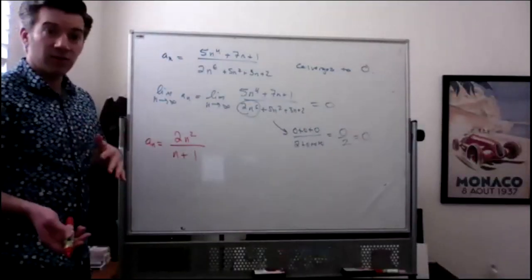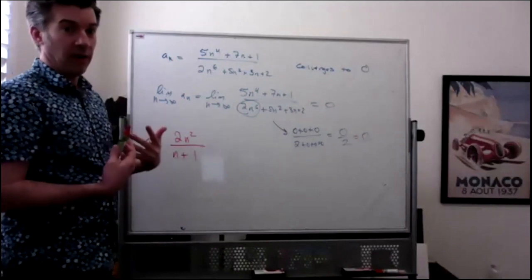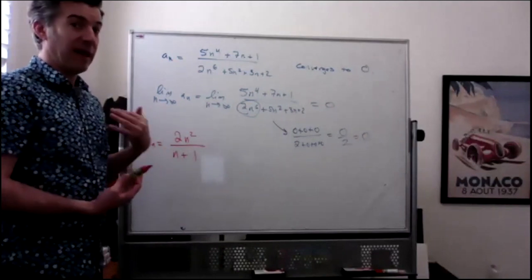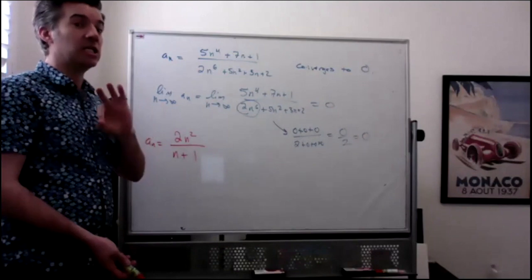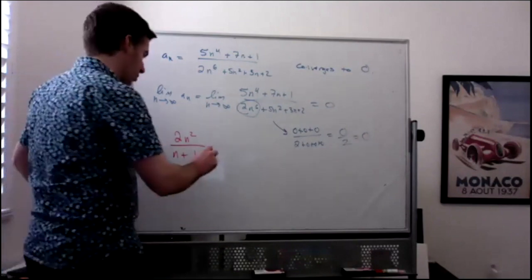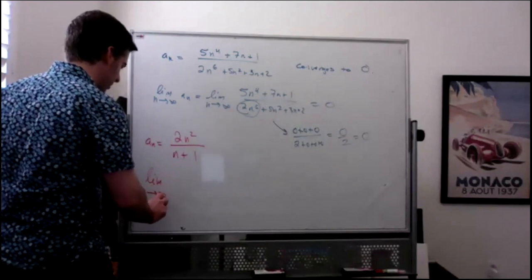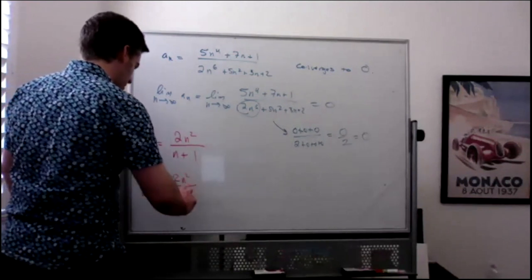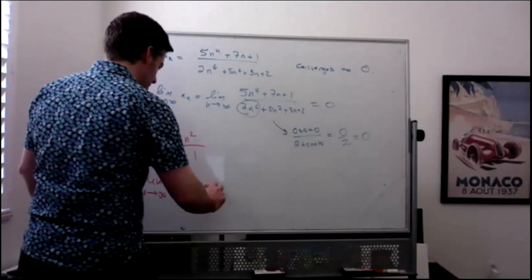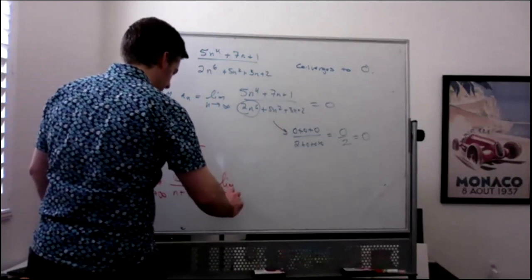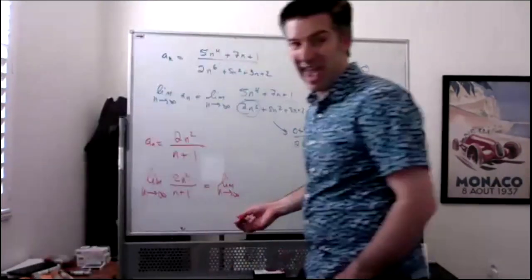So now here's where it's important to remember the whole thing about what we divide by. We're going to divide by n to the highest power that's in the denominator. So if I want to find the limit as n goes to infinity of 2n squared over n plus 1, we're going to divide everything by n.